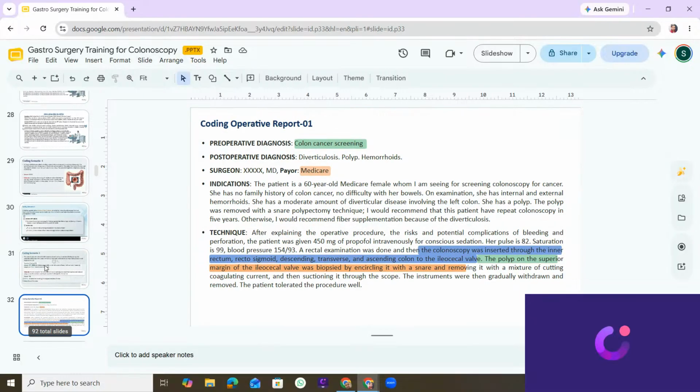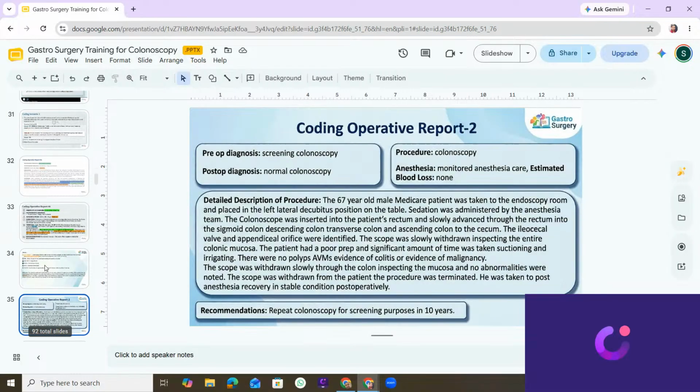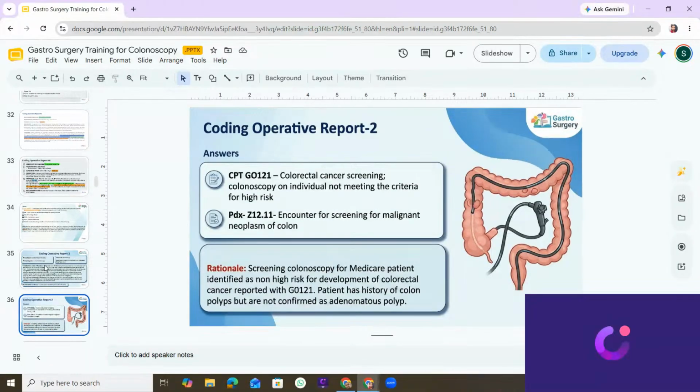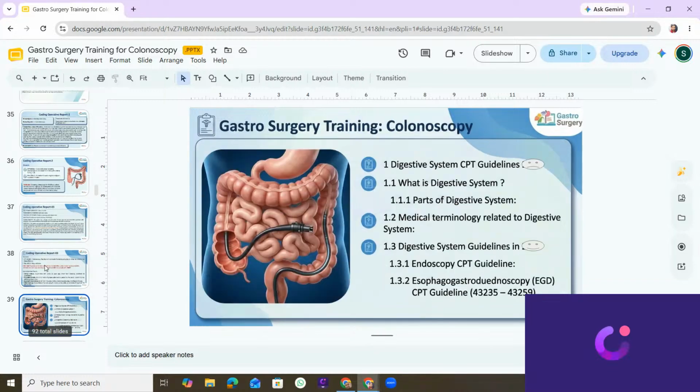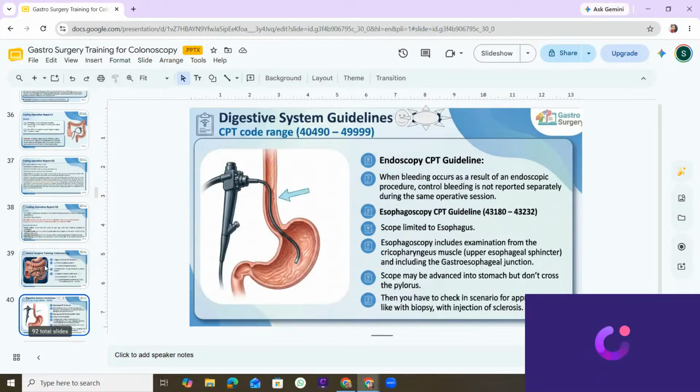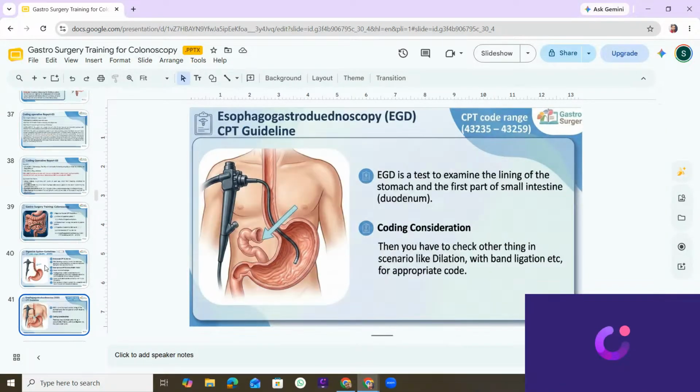This is the second scenario, fourth scenario. We will see all kinds of scenarios, so you will understand what a colonoscopy is. In gastro surgery trainings on the digestive system, you will understand what an endoscopic procedure is. Esophagoscopy codes are there, and there are guidelines related to EGD. EGD is a test that examines the lining of the stomach and the first part of the small intestine, the duodenum.